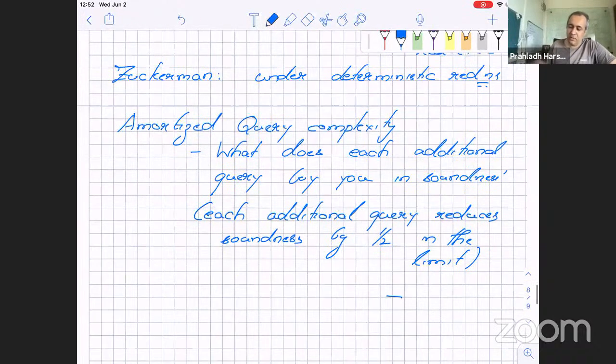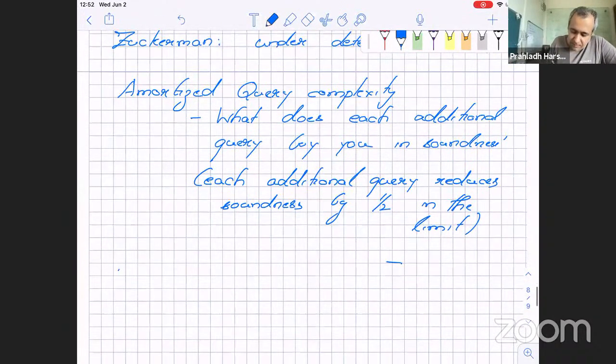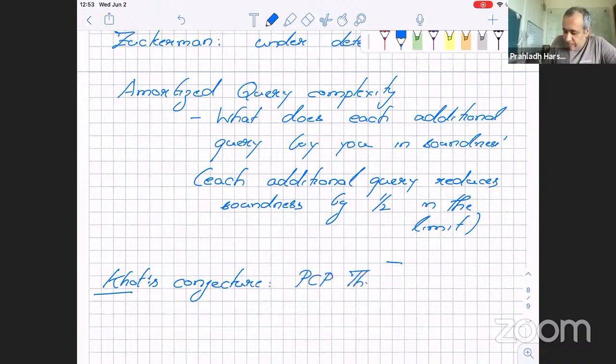And what Khot observed a few years later was he conjectured, Khot's conjecture is sort of a PCP theorem on steroids. So what did he say?